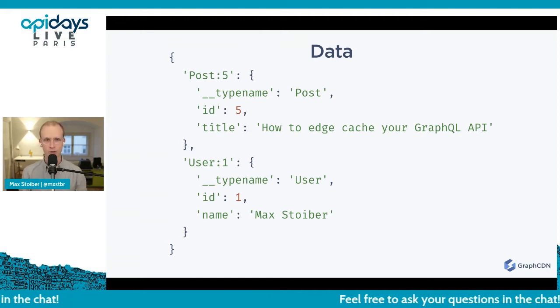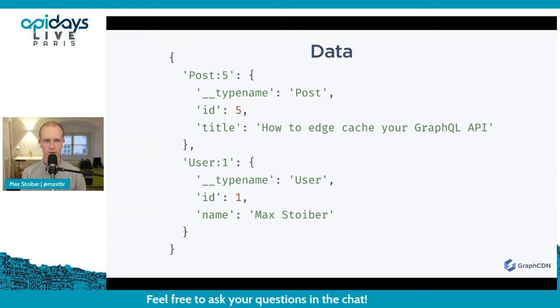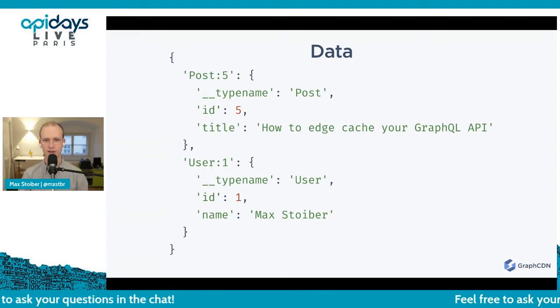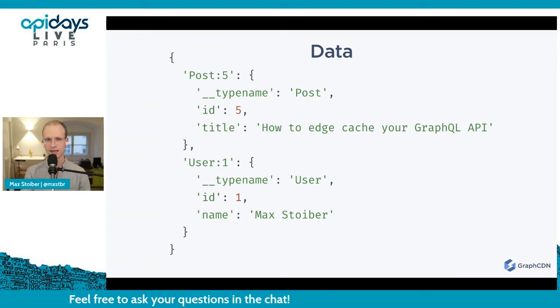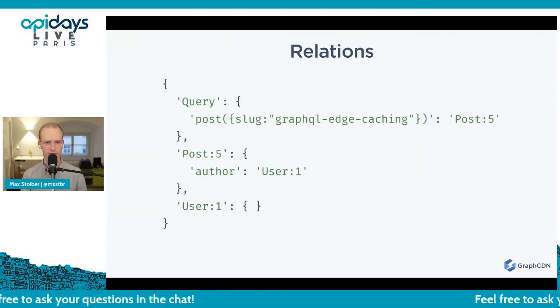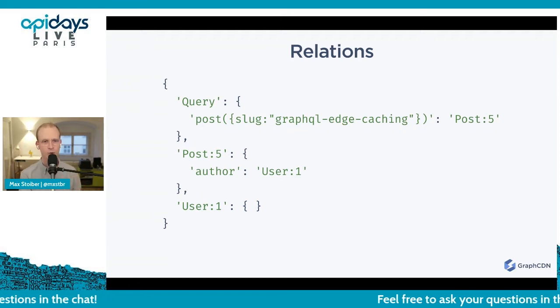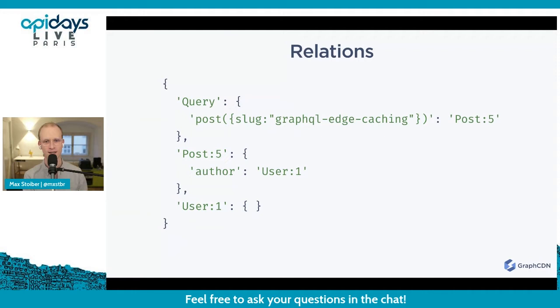Now, what you might notice here, what is missing is, of course, the post author, right? We know that the post with the ID 5 has an author, that is the user with the ID 1, but that information is lost here. And that's because Urql stores these relations in these links, I think is what they call them, in a separate data structure that looks a little bit like this. And essentially what that's saying is, hey, if the query for the post with the slug GraphQL edge caching comes in, that corresponds to the post with the ID 5.